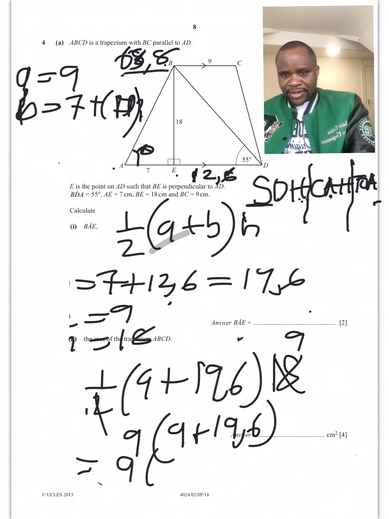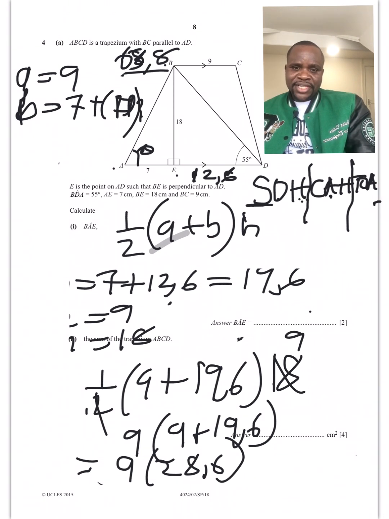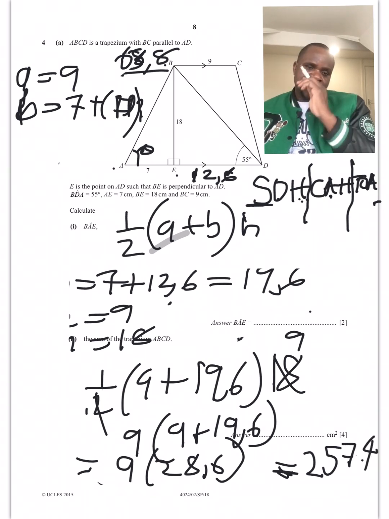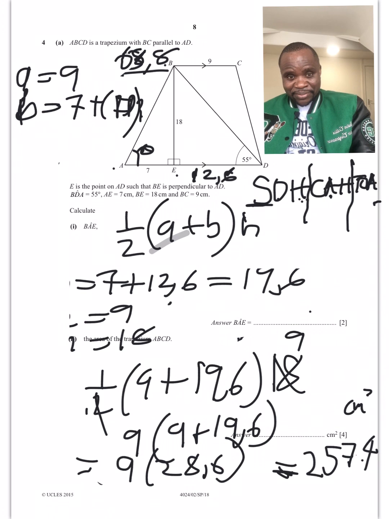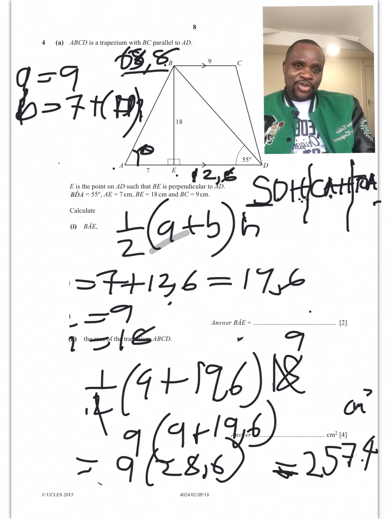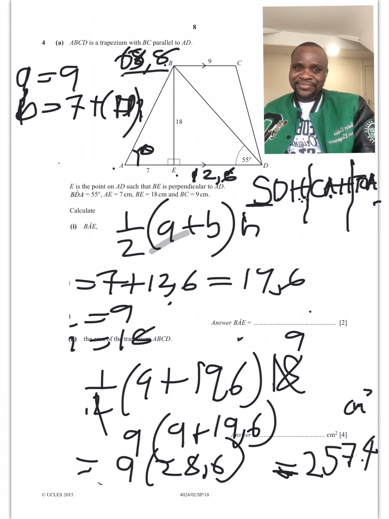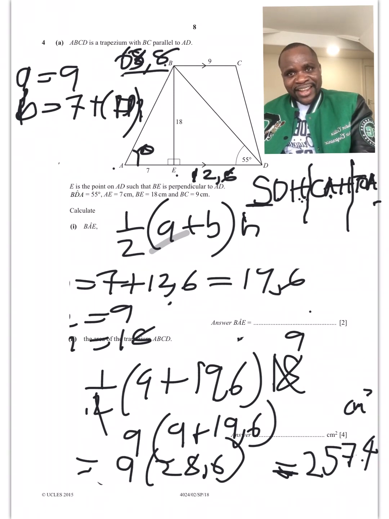So 9 times 28,6. Our final answer there is going to be 257,4 centimeters squared. Remember not to forget centimeters squared, but they put it for you there. So you just plug in the answers.